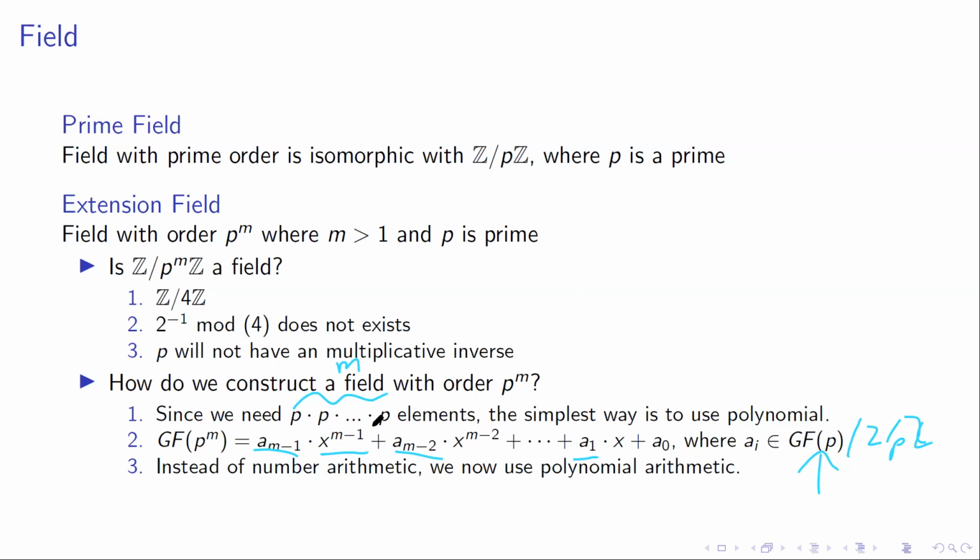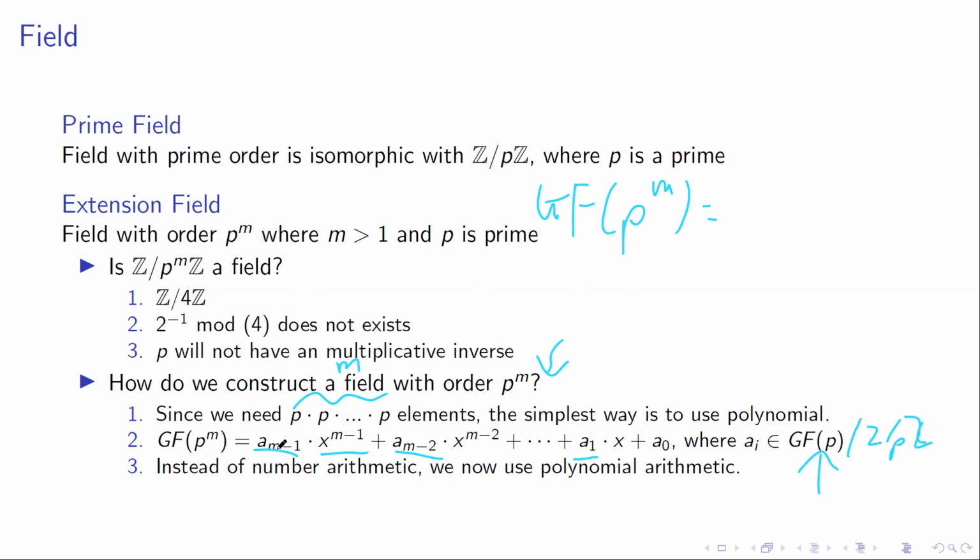You can use polynomials to solve the issue of not being able to construct a prime power field using just integers. This is why usually when we denote something like P to the power of A, it will be some polynomials.